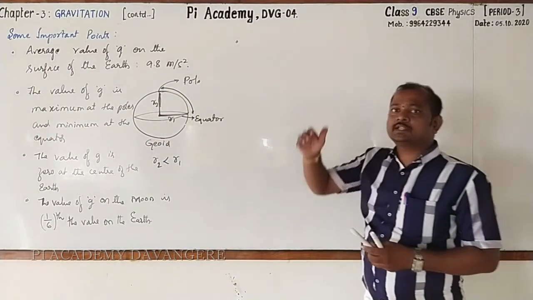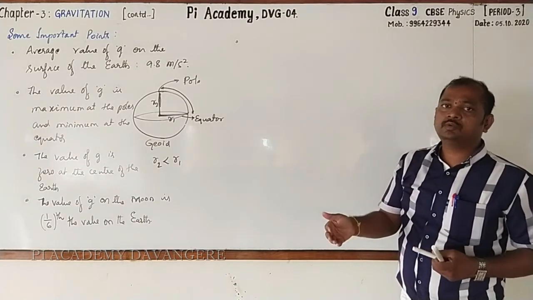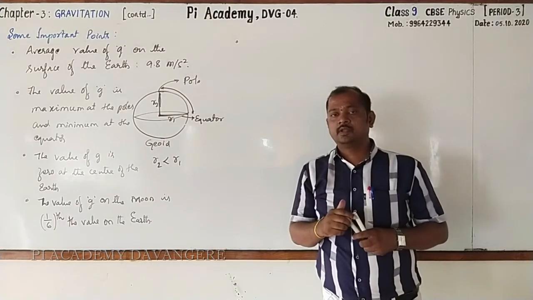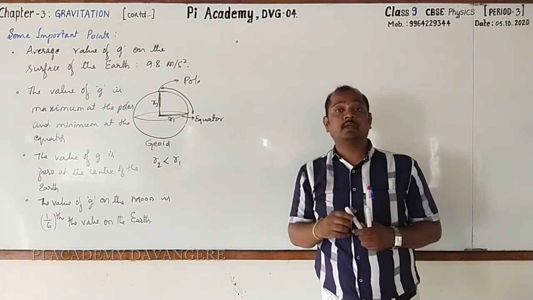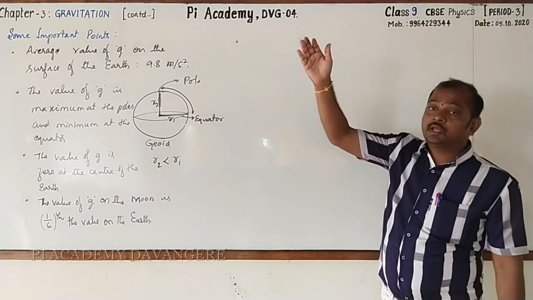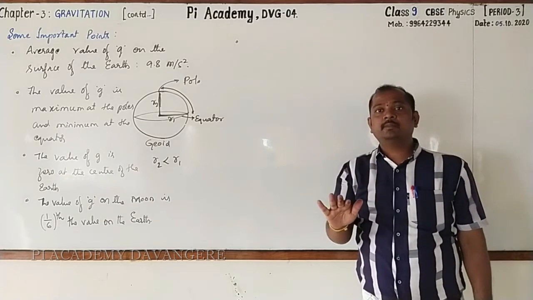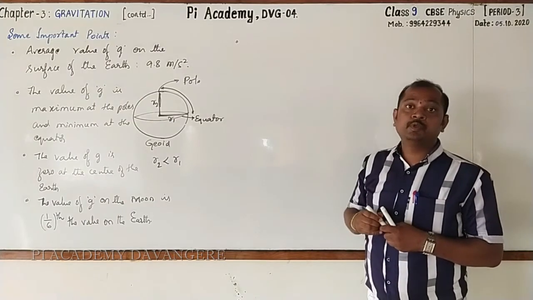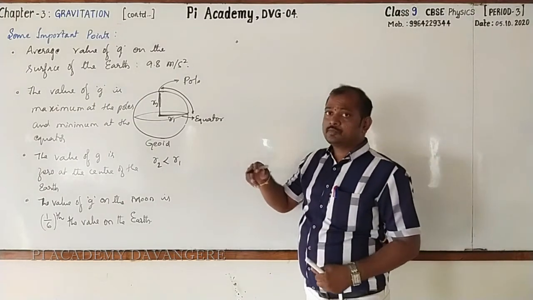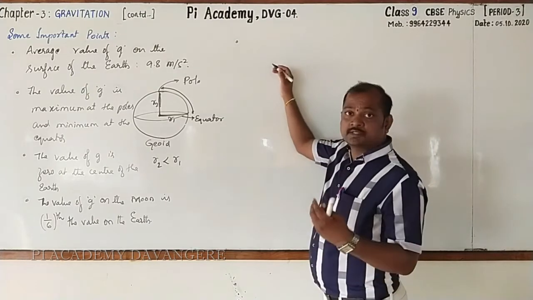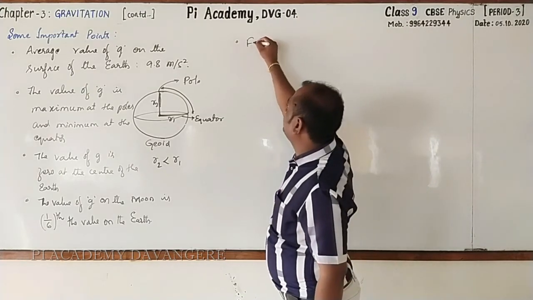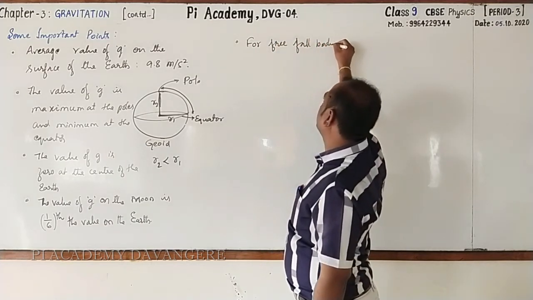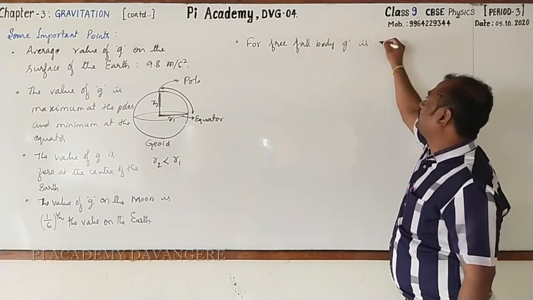And another point. Look here. When the object is falling freely towards the ground, it gains acceleration due to the gravitational force of the earth, and we call that acceleration due to gravity. Whether the acceleration will be same or different? It will be the same, uniform acceleration, and we call that the positive acceleration. So we can write for a free fall body, g is positive.